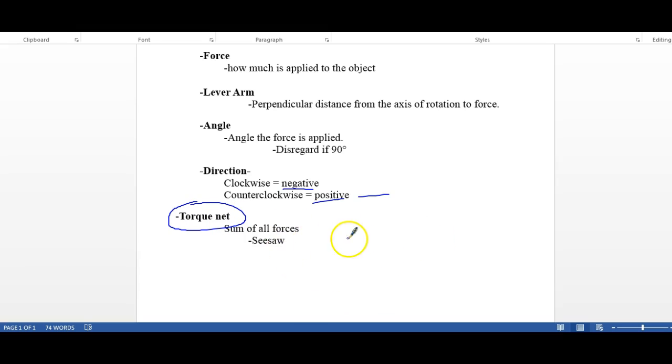This might not make sense to you, but if you think about it, a seesaw is a good example of this. So if you have a child sitting on here, and they're holding on to the bar, then you have a child on the other side, and they're hanging on to the bar. Maybe they're a little bit smaller.